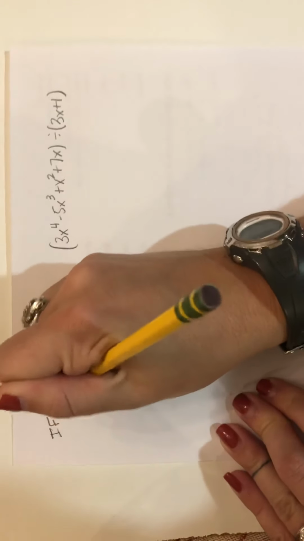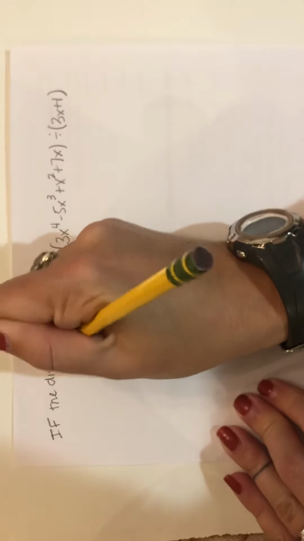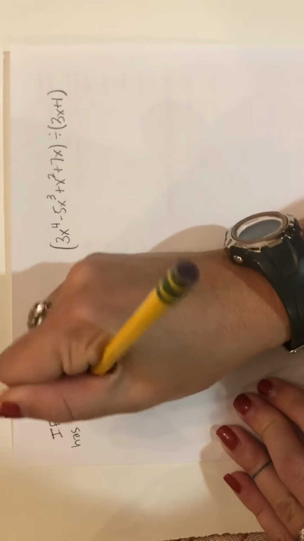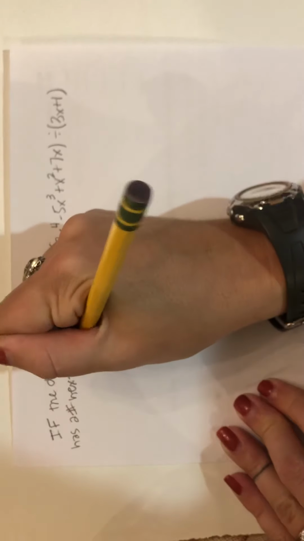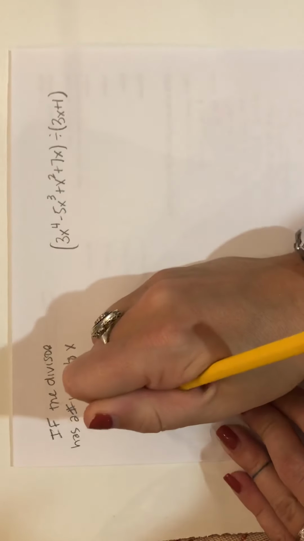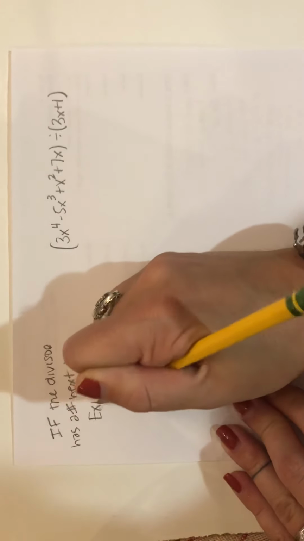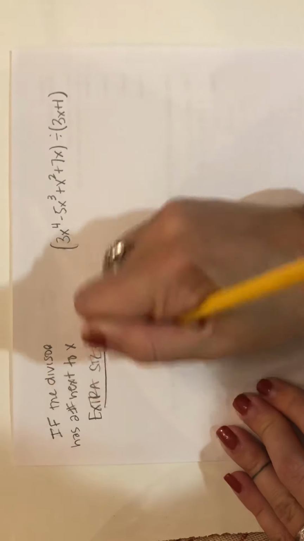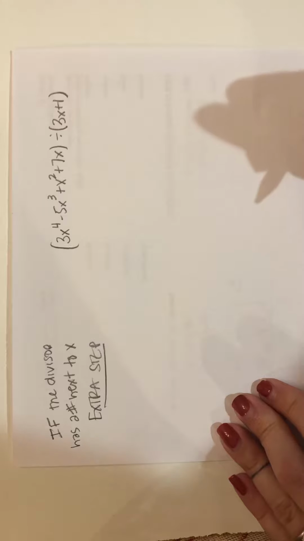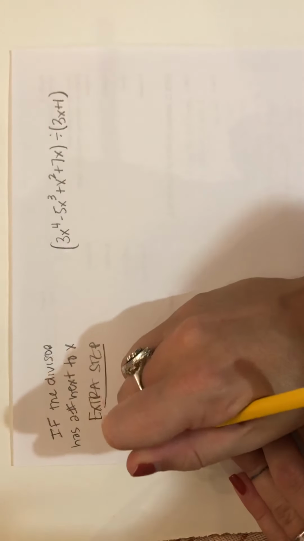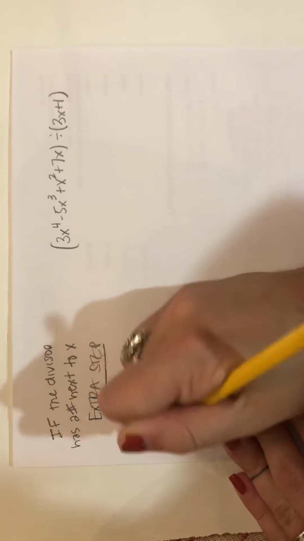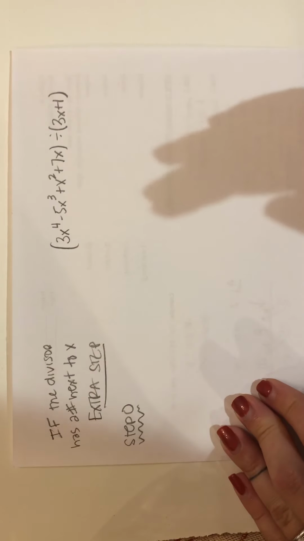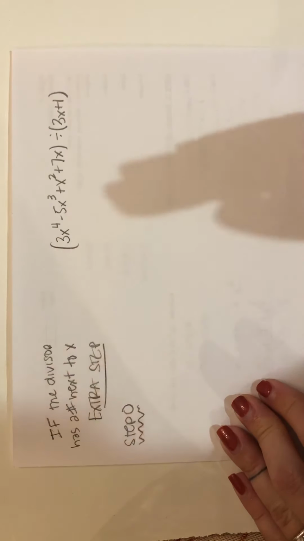So if the divisor has a number next to x, we need to do an extra step. So we're going to call this step 0. This step is going to be done before we even name the degree and order.